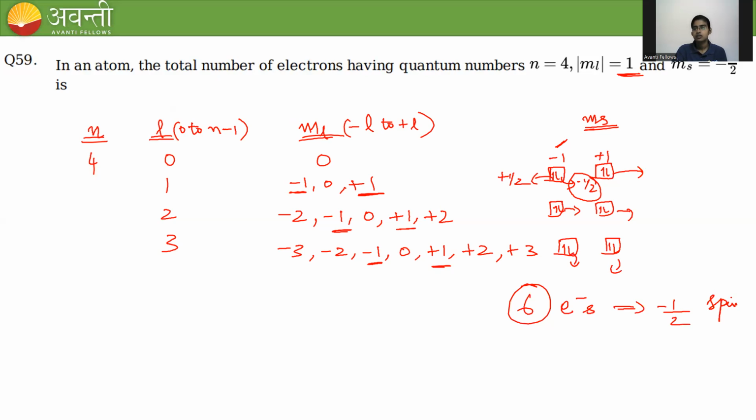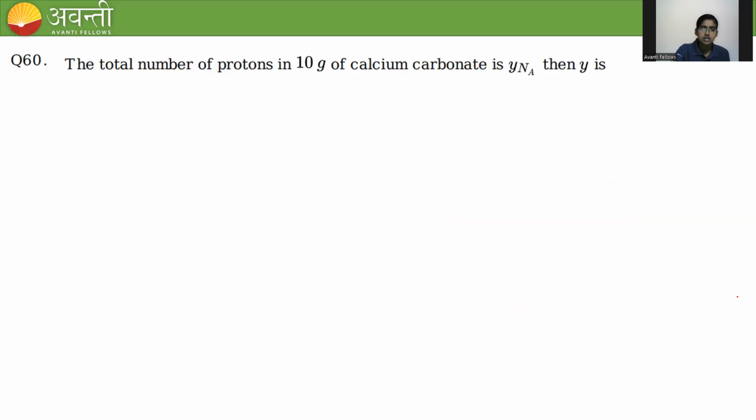Okay. Now moving on to the last question for this session. It is question number 60 and it says that the total number of protons in 10 gram of calcium carbonate is Y into Na, then Y is, where Na is the Avogadro number. Okay. So now first we have to find out the moles of calcium carbonate. Number of moles is equal to the given mass divided by molar mass.